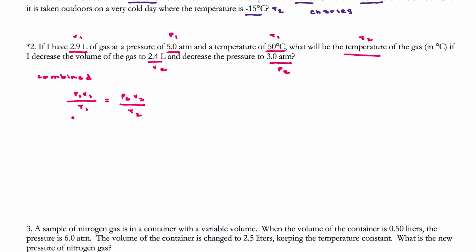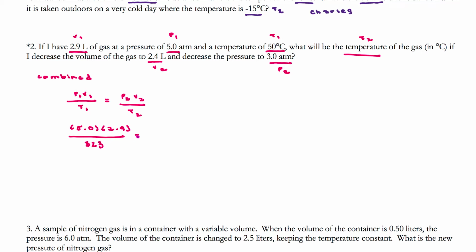And now I'm simply going to plug in my values. So 5 atmospheres is my pressure. My V1 is 2.9 liters. My T1 is in degrees Celsius, so I need to convert that into Kelvin. So 50 plus 273, I get 323 Kelvin.